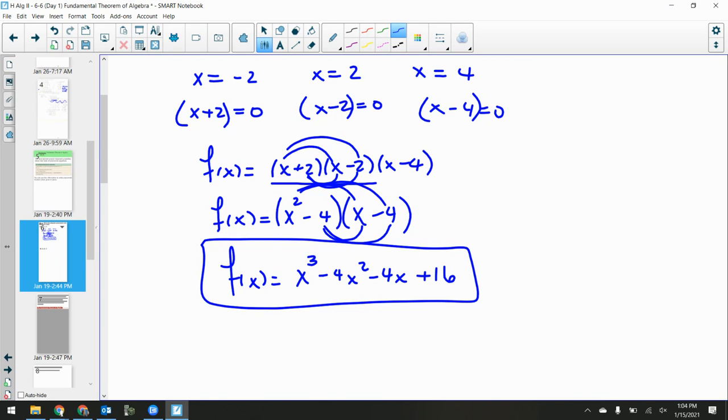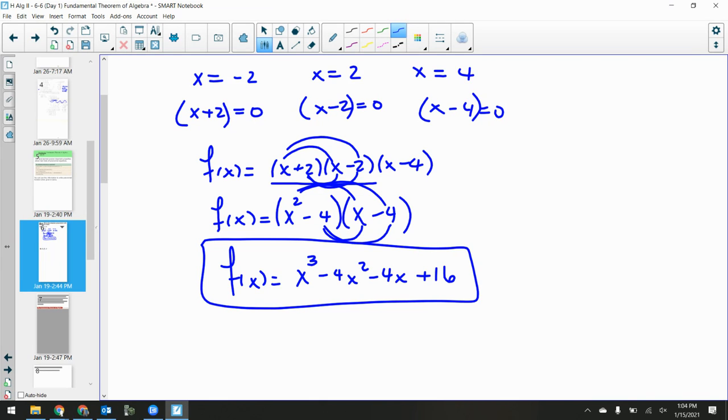Is that the only polynomial that has those roots? No. You know what else has those roots? 2x cubed minus 8x squared minus 8x plus 32. What did I do? I just multiplied everything by 2. I could multiply that by any whole number, right?